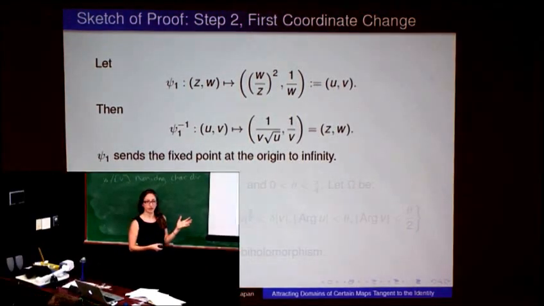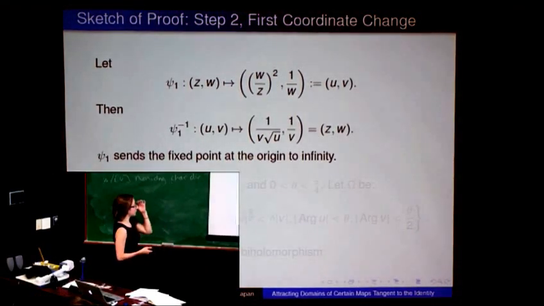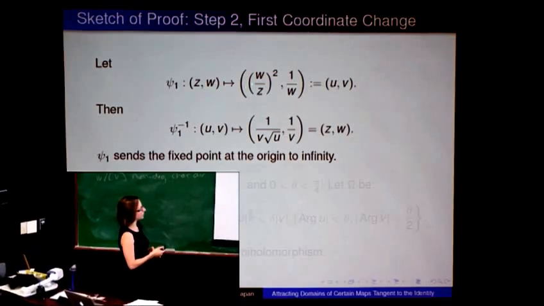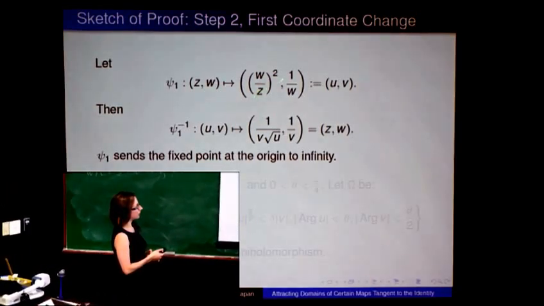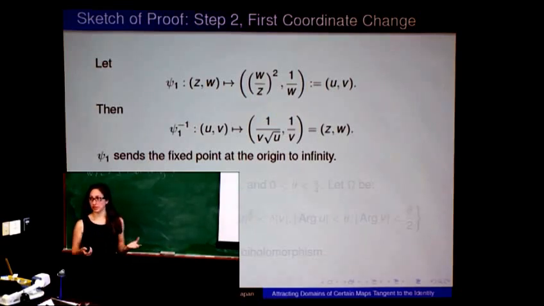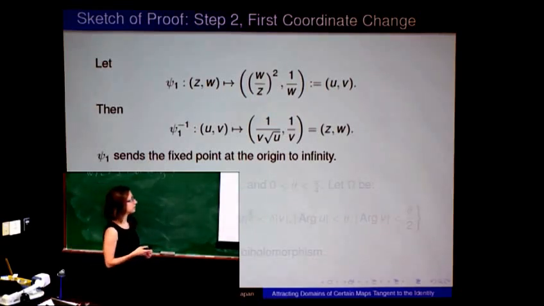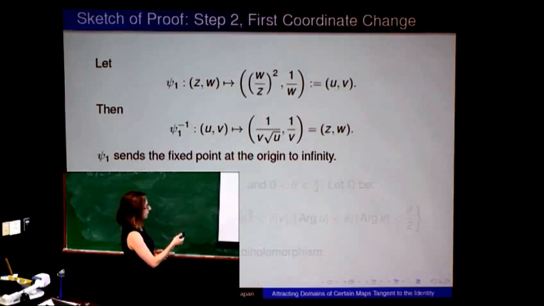Now we're on to step 2, and we're going to start with our first coordinate change. Let psi 1 be the map (z, w) goes to (w over z squared, 1 over w). We're going to call our new coordinates (u, v). And then the inverse of this map looks like this.